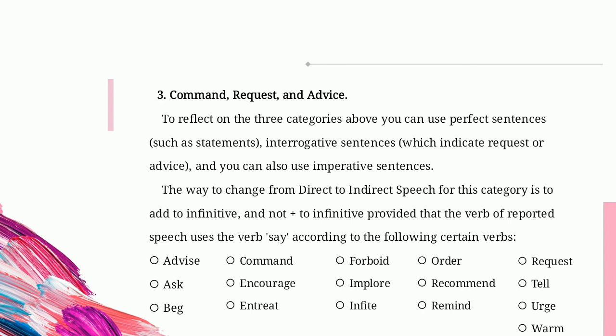The way to change from direct to indirect speech for this category is to add to plus infinitive, and not plus to infinitive, provided that the reporting verb uses certain verbs instead of say: advise, ask, beg, command, encourage, entreat, forbid, implore, invite, order, recommend, remind, request, tell, urge, warn.